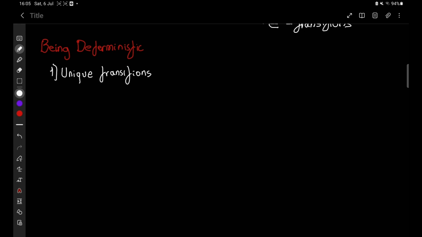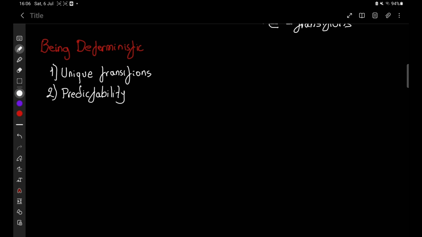This means that the transition function maps each state and input pair to a single, specific next state. And secondly, it allows predictability. The behavior of a deterministic system is entirely predictable because the same input will always result in the same state transitions and output.